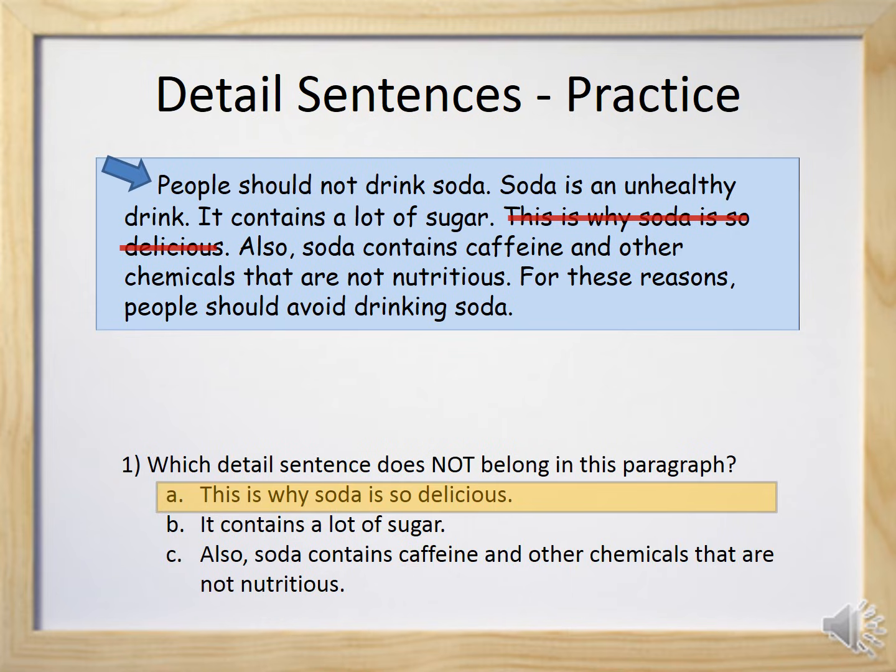Sentence A, this is why soda is so delicious, does not give a reason that people shouldn't drink soda. In fact, this sentence gives a reason that people should or might want to drink soda. Sentences B and C both do give reasons that people shouldn't drink soda. So those sentences belong in the paragraph. A does not belong.